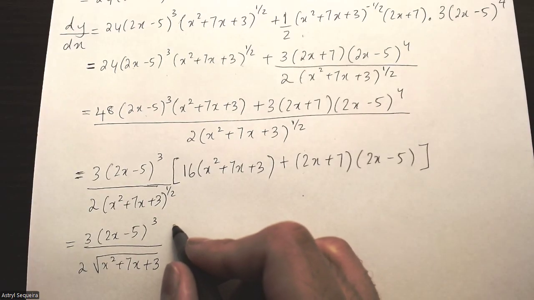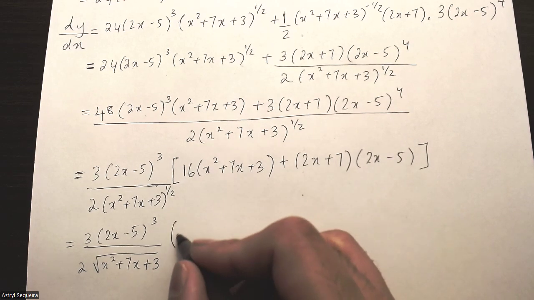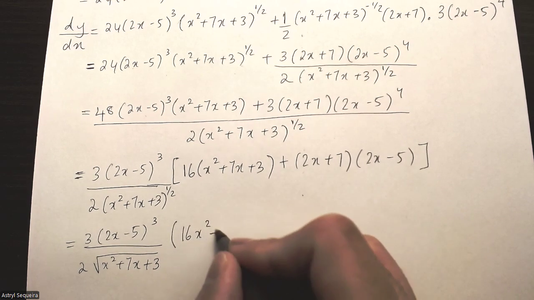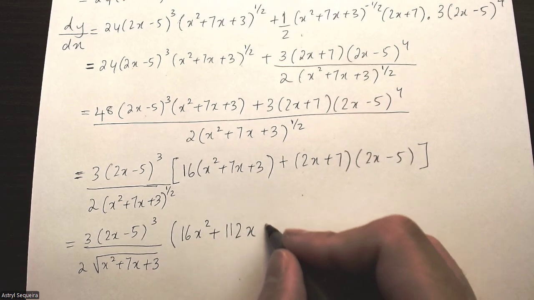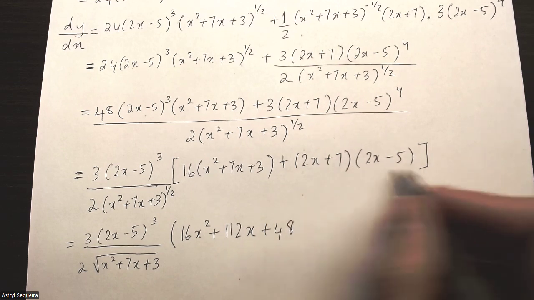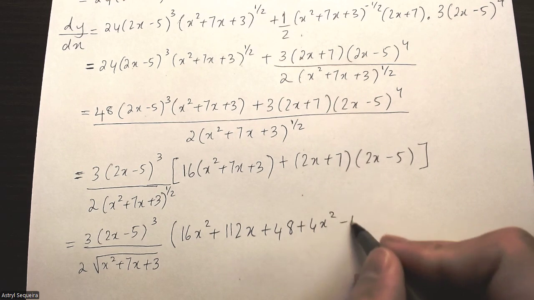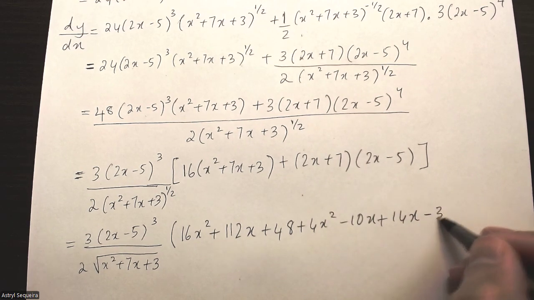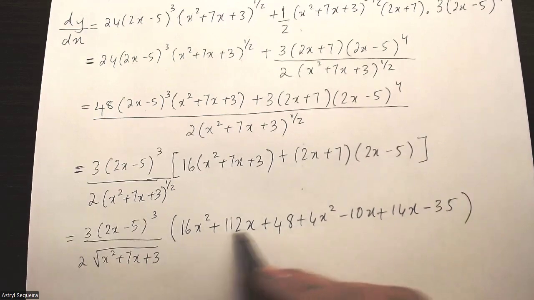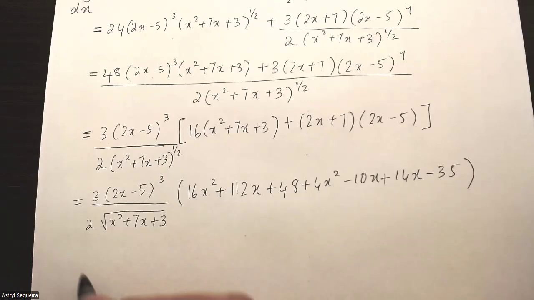And in here, I'm going to multiply this 16 into this bracket. And here I'm going to FOIL out the two brackets. And last step, I'm just going to combine like terms in the bracket.